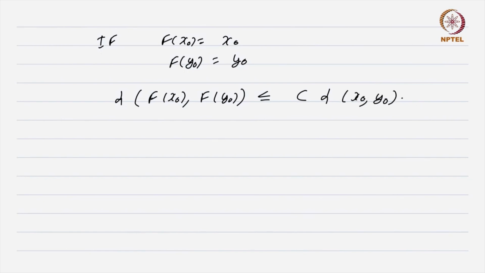And because c is less than 1, that is simply not possible unless x naught is equal to y naught. So this shows that there can be at the max one fixed point. We have shown that for a contraction there can be at the max one fixed point. Here completeness is not used. Whenever you have a contraction, there can be at most one fixed point. So this concludes the proof of the Banach fixed point theorem.